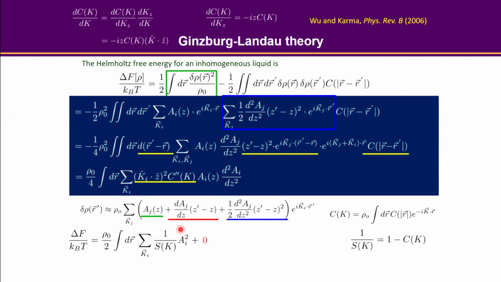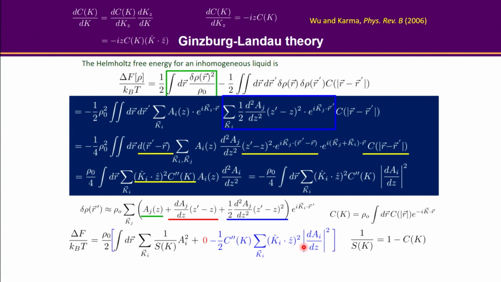So a typical trick is to do an integration by parts, right? So you have a boundary term, and also the rest term will be a squared gradient, (dA/dz) squared. But the boundary term you can drop out using the proper boundary condition, or just saying it's a periodic boundary condition. So now you are expecting a square gradient contribution in the free energy, and that's something you are quite familiar with, right? That's the term you are expecting in phase field methodology.